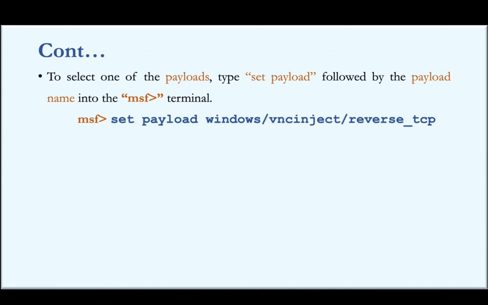VNC is a remote control program, PC software that allows a user to connect to a remote machine, view the remote machine, and control the mouse and keyboard as if you are physically sitting at that machine. It works much the same as a remote desktop or a terminal.